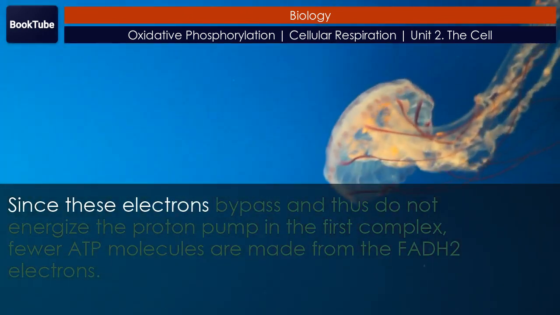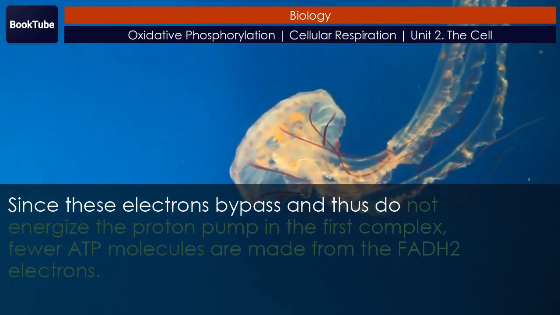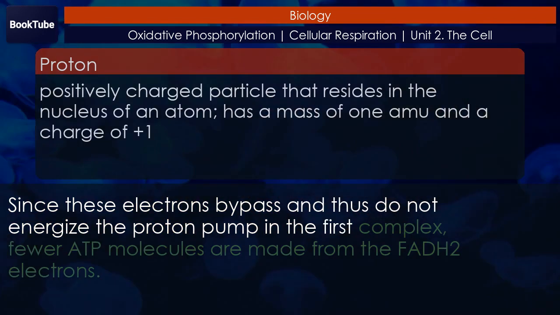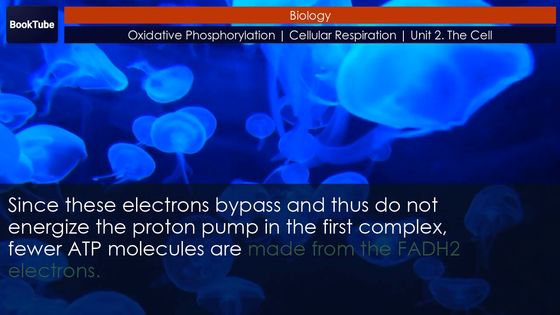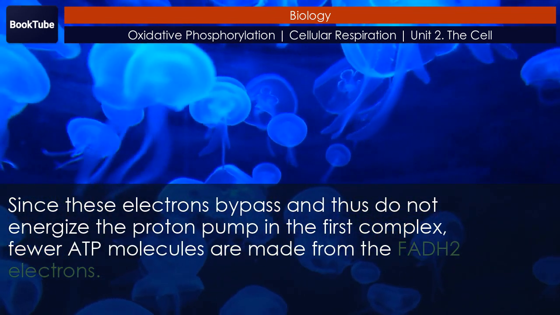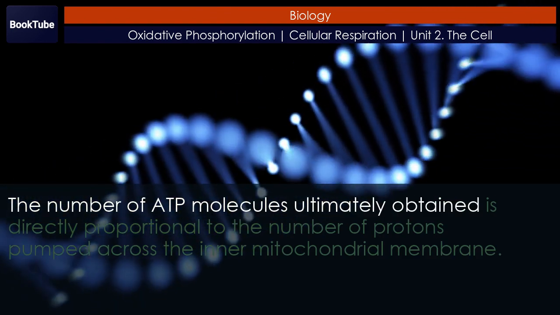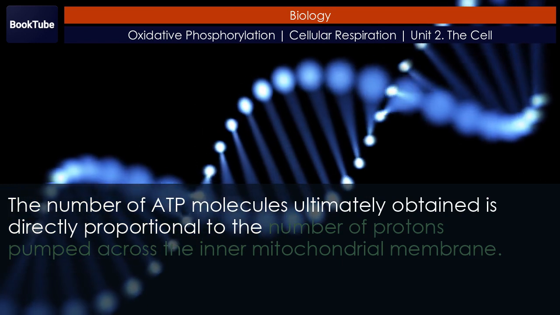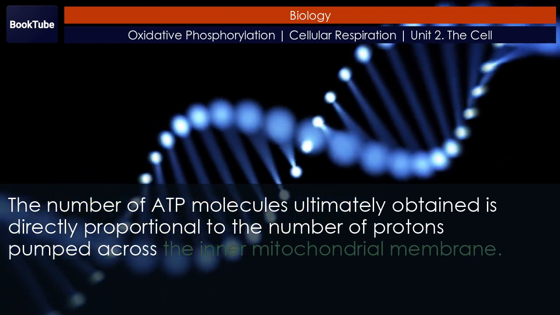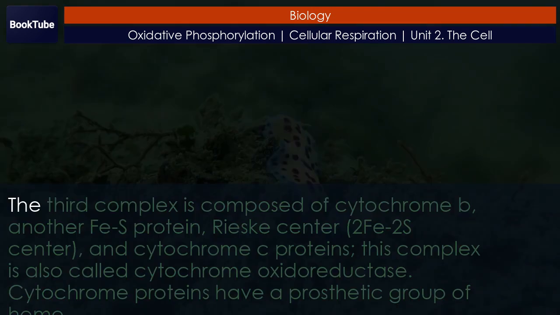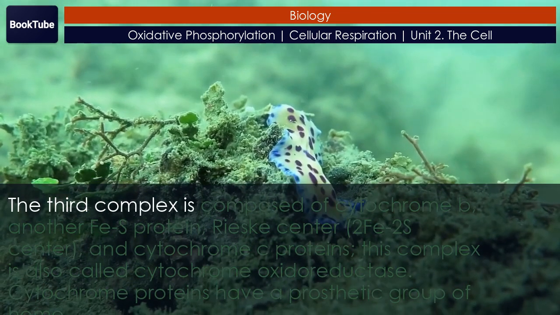Since these electrons bypass and thus do not energize the proton pump in the first complex, fewer ATP molecules are made from the FADH2 electrons. The number of ATP molecules ultimately obtained is directly proportional to the number of protons pumped across the inner mitochondrial membrane. Complex III.